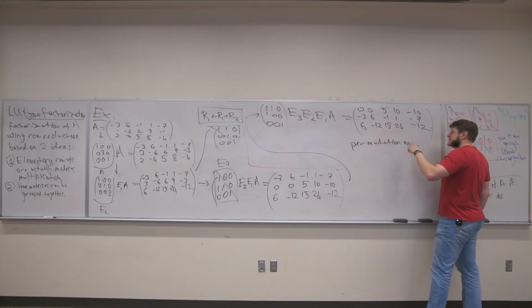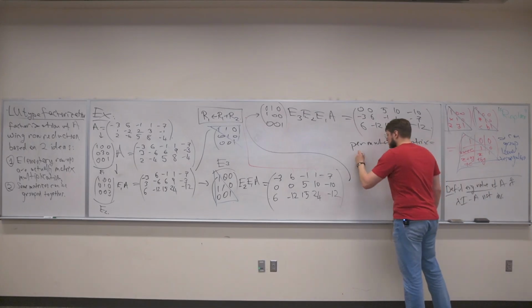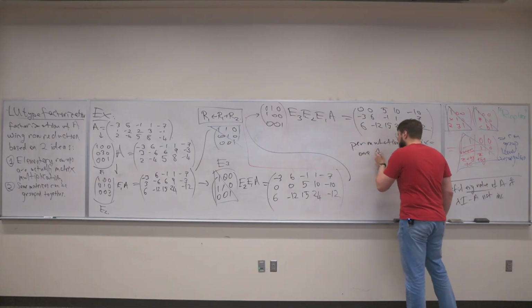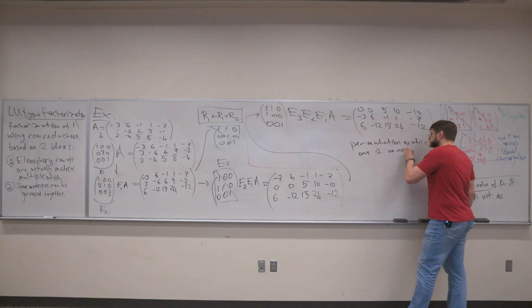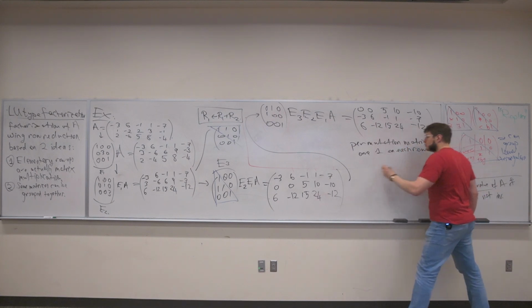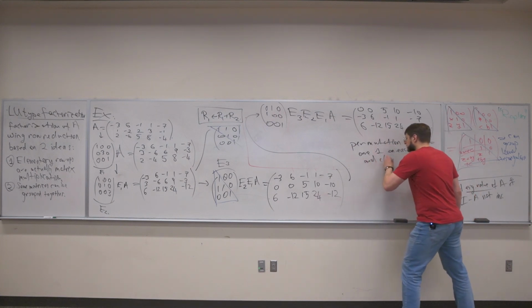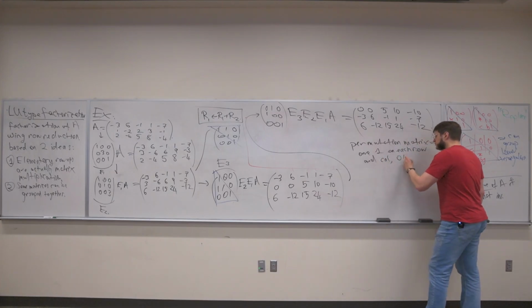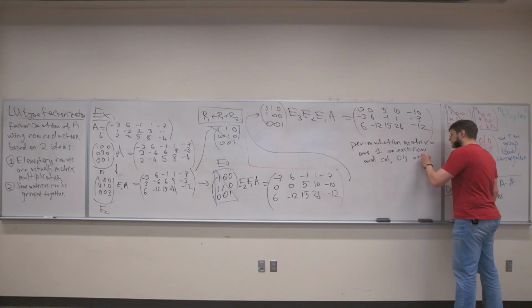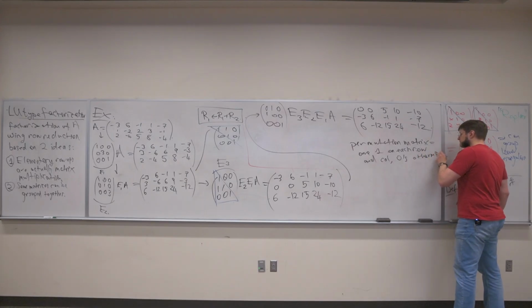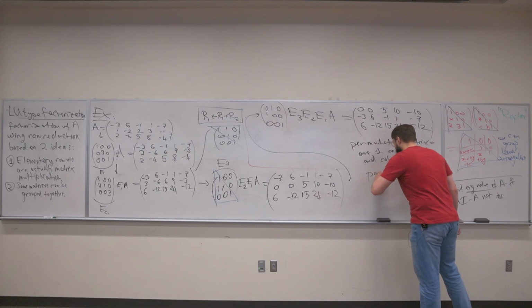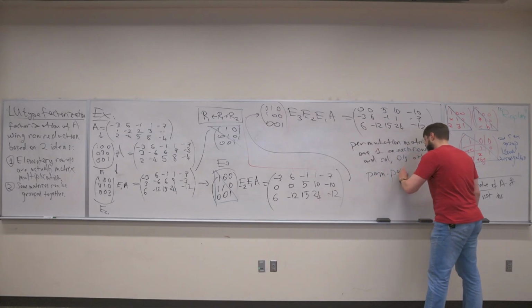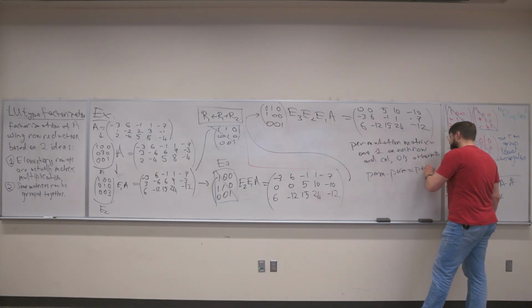So, permutation matrix. It permutes the channels in a sense. One 1 on each row and column, zeros otherwise. Permutation times permutation gives you another permutation.